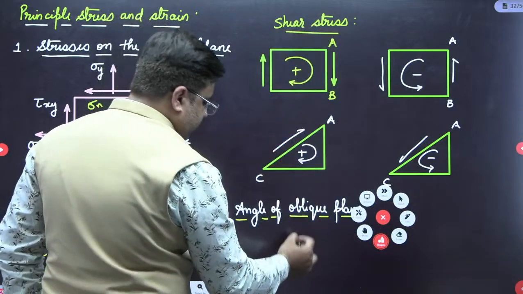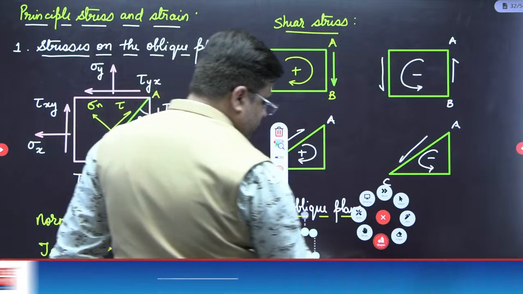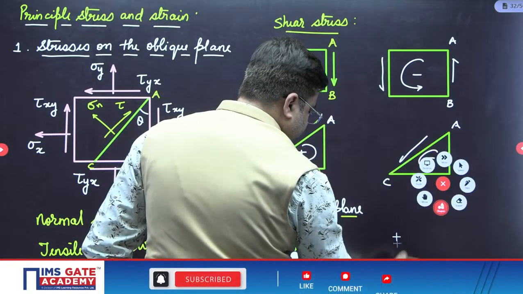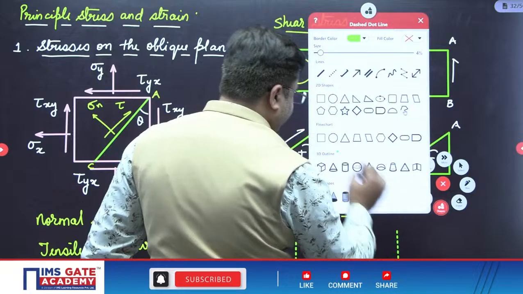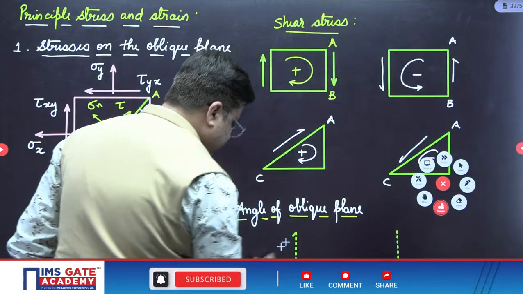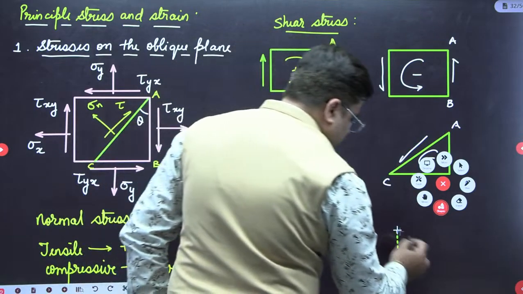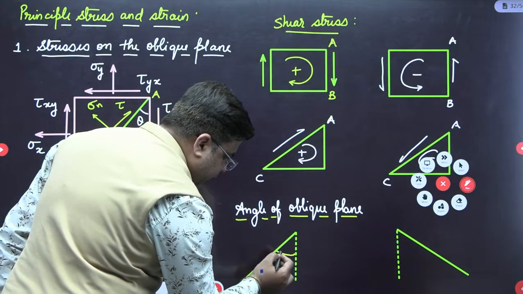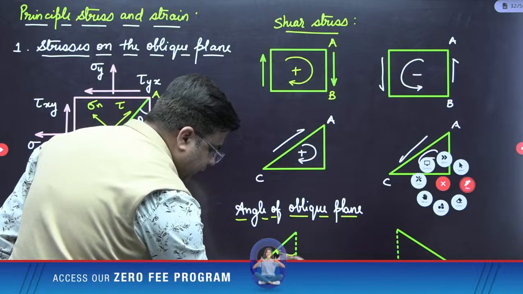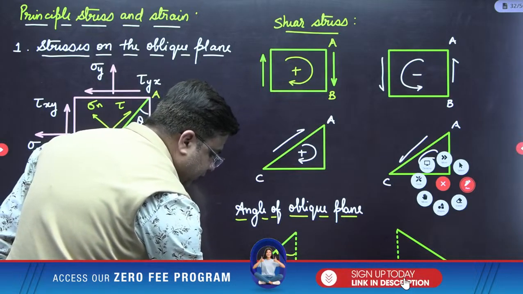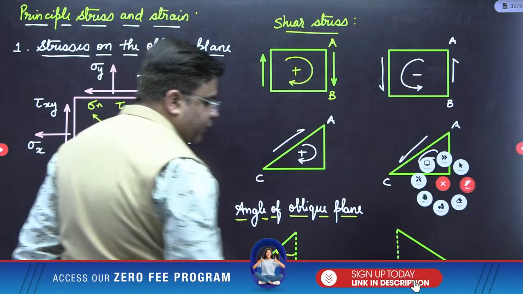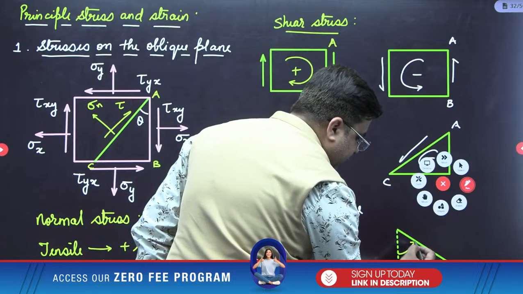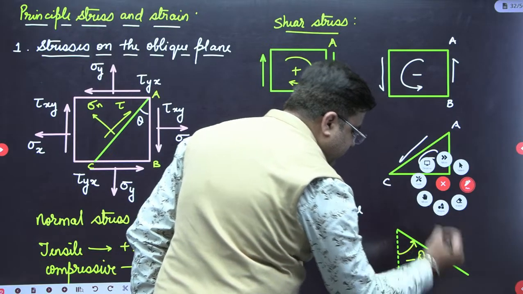So for example, if this is the vertical, and from the vertical the angle of the oblique plane is in the clockwise direction, then it is positive. From the vertical, if it is measured in the anti-clockwise direction, then it is negative.